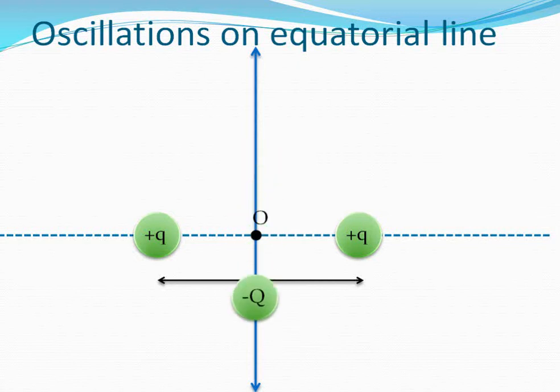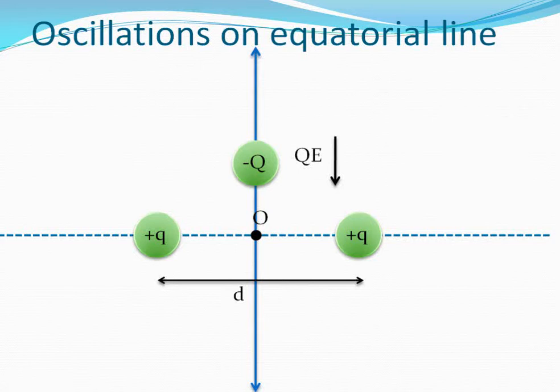Can you guess why this happens? Well, I'll give you a clue. When I take this minus Q charge and place it somewhere on the y-axis, on the equator of this two positive charge system, have a look at the net force acting on it. Clearly, the electric field because of the two positive charge system is only along the y-axis.